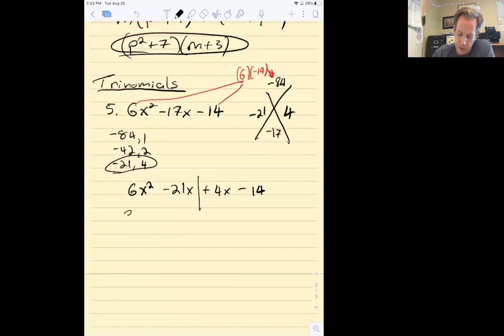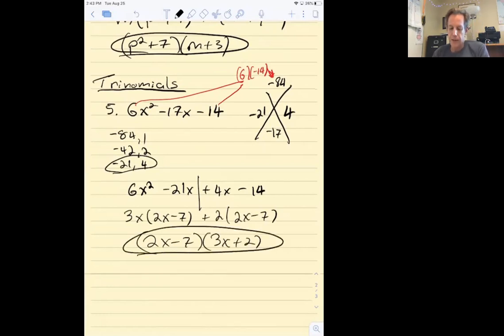From the first two terms, I can take out a 3x, which gives us 2x minus 7. From the second two terms, you can take out a 2, which gives you 2x minus 7. And so our answer is 2x minus 7 and 3x plus 2. Once again, you can always double check by foiling those two things back together, and you're going to get what you started with.